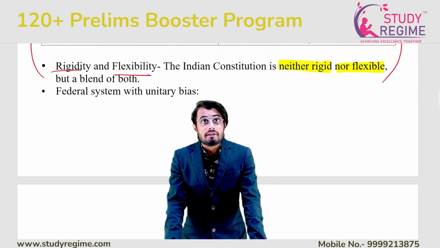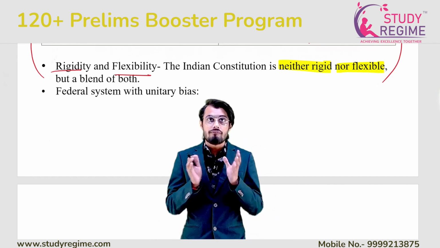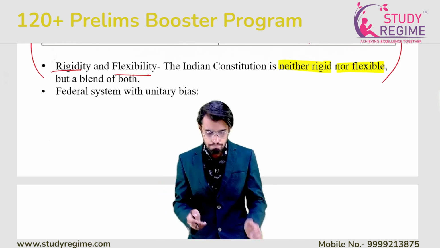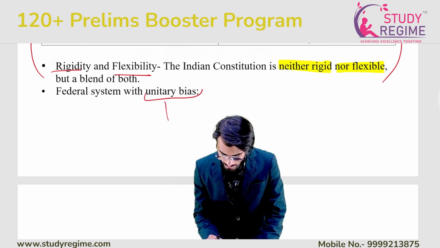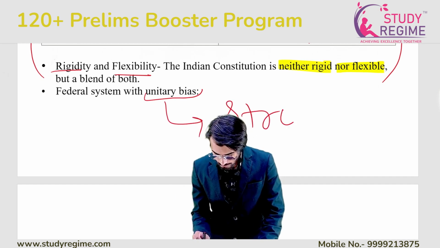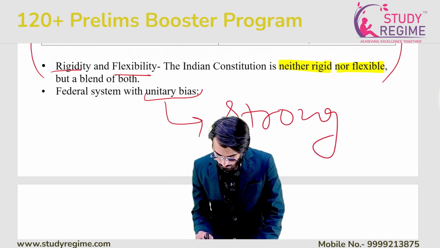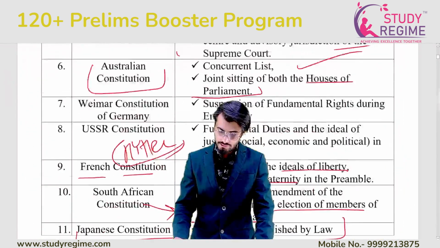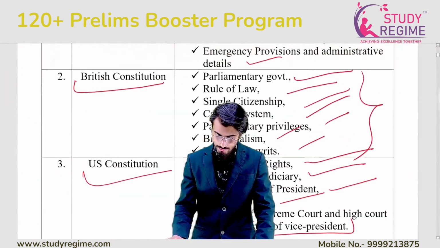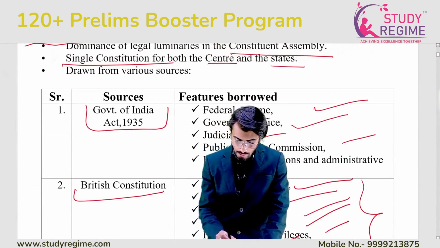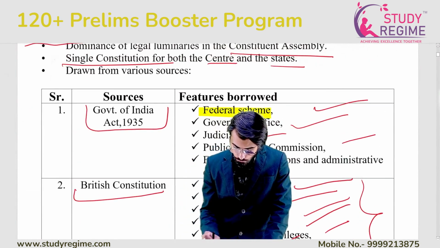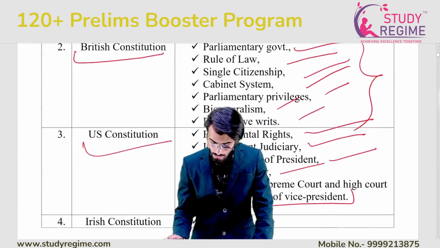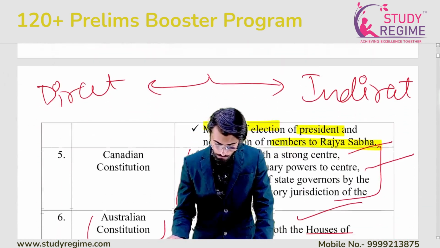And one more thing, we also have a federal system with unitary bias. What is unitary bias, sir? Unitary bias means strong center. Okay, see, in the previous seconds I have already told that federal scheme is derived from Government of India Act. So you have to not forget this very important information.